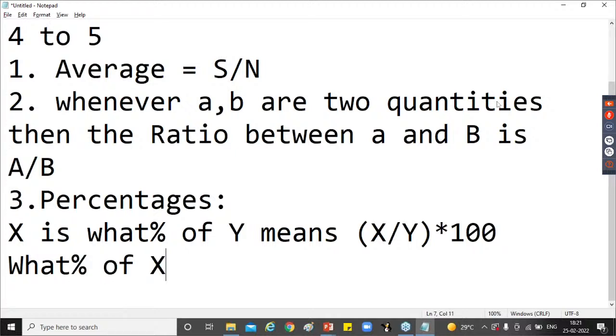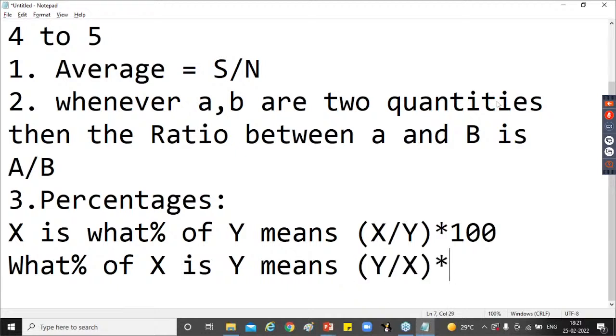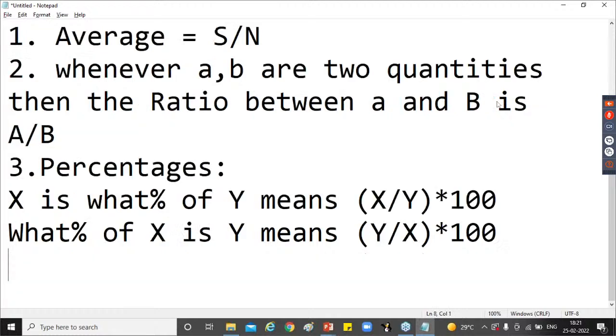What percentage of X is Y means Y by X into 100.